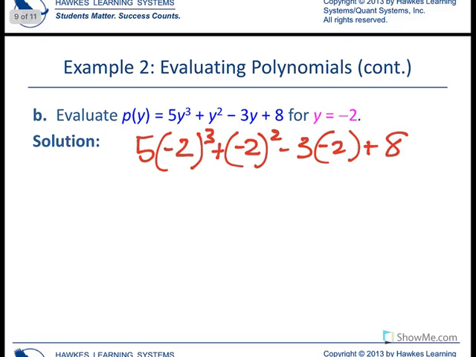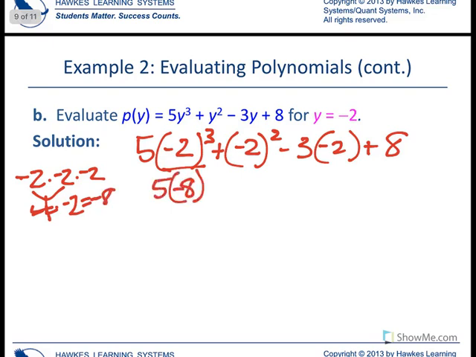Okay, so -2 to the third power is -2 times -2 times -2, which is positive 4 times -2, which equals -8. So I have 5 times -8, and then I have -2 to the second power, which is going to give you 4. And then we have -3 times -2, which gives us positive 6. We have plus 8.